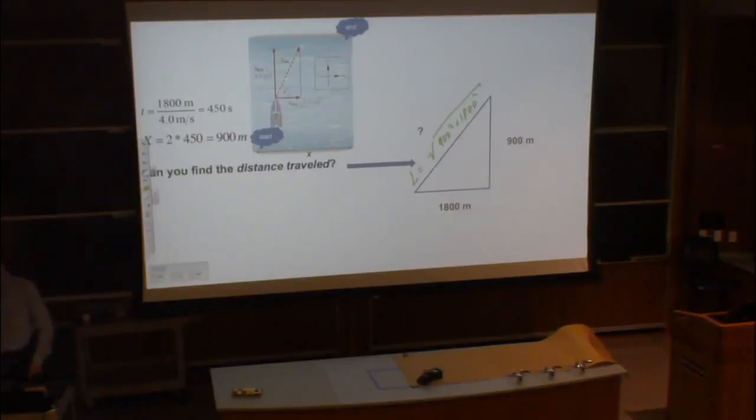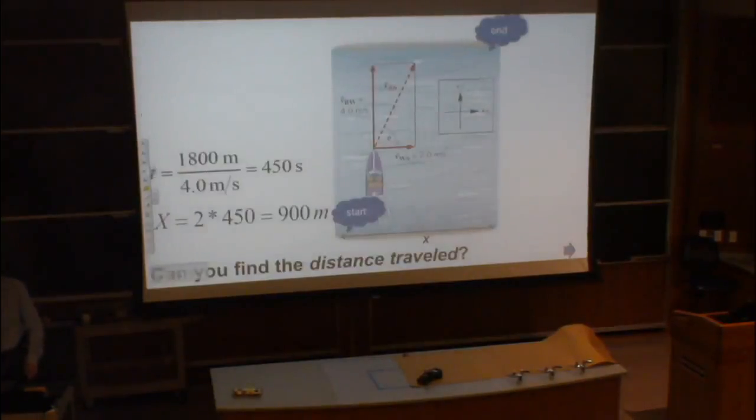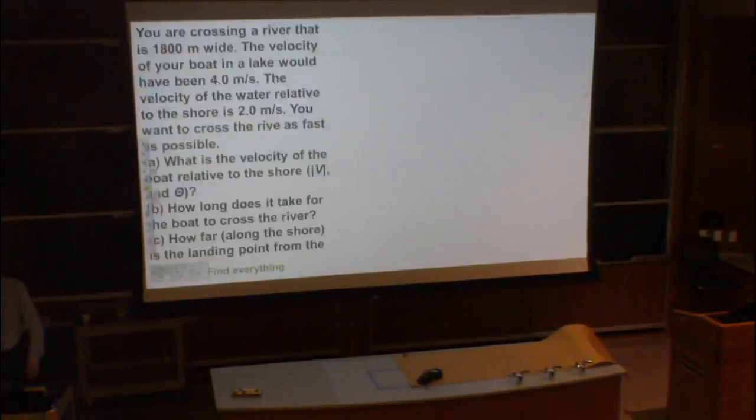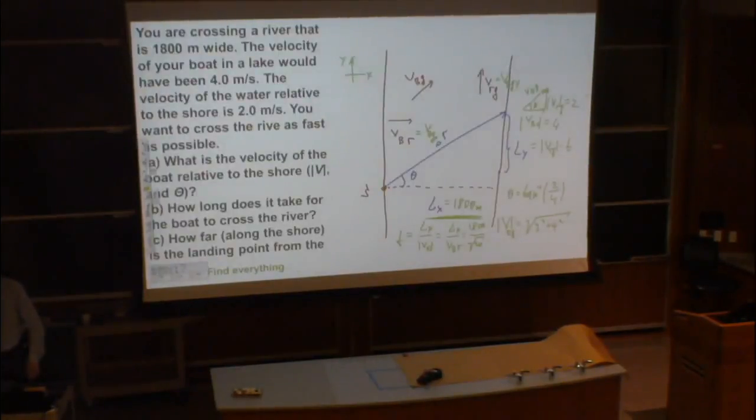The second one would have been, yes? In the last slide, where did you get the square root of 20? 4 squared is 16, 2 squared is 4, 16 plus 4, 20.